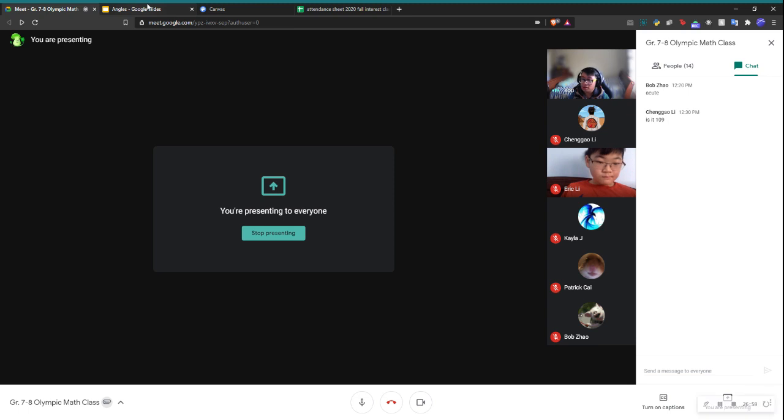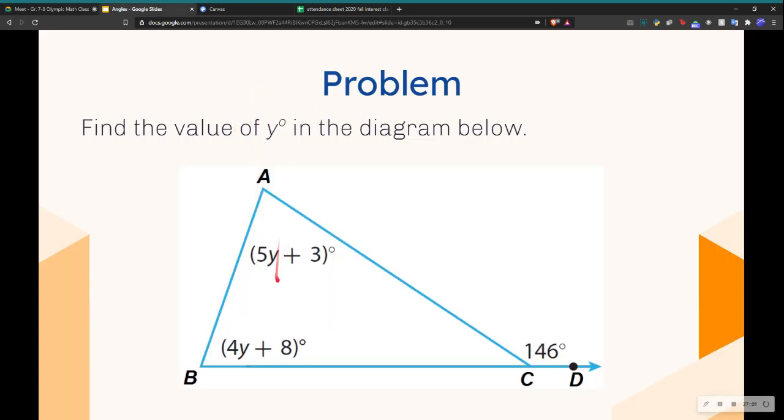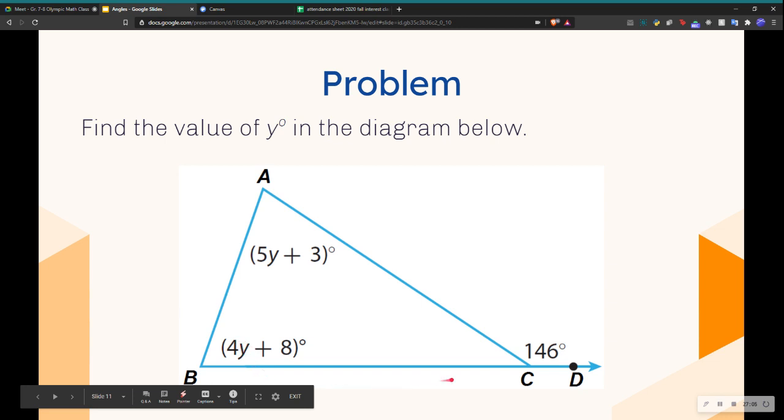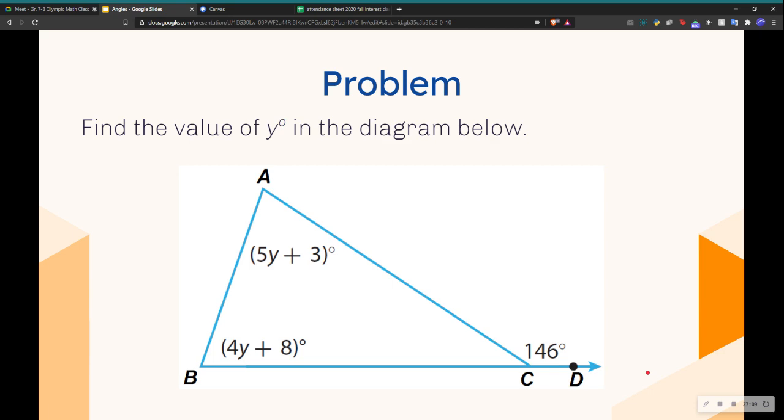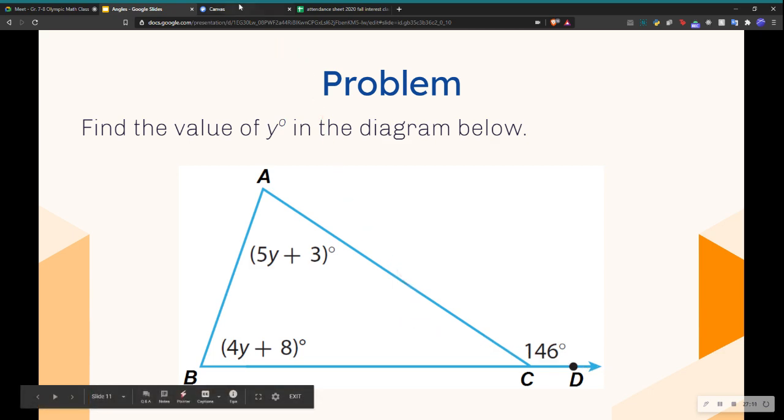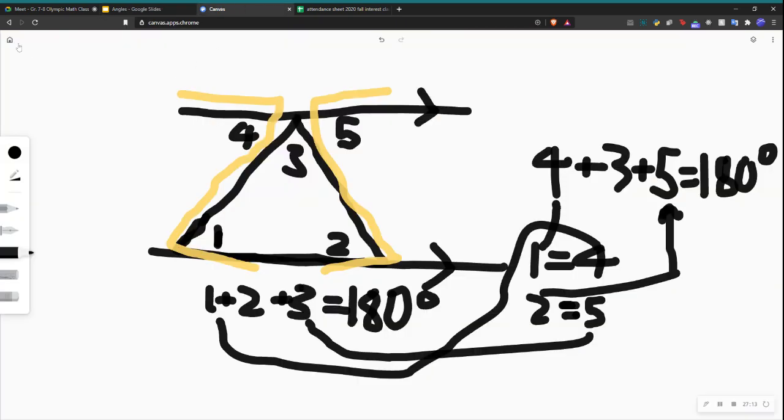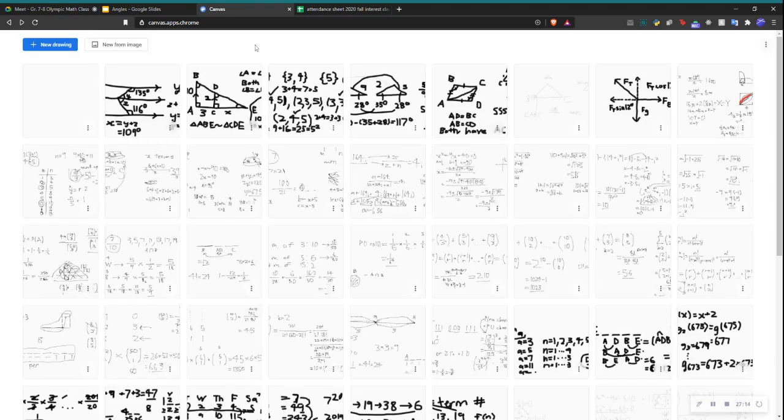So in the problem here, find the value of y. Just find the value of y over here, and use the exterior angles theorem. Well, let's do it together then. Here are some pretty complex numbers.